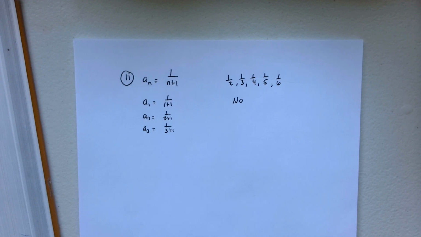So kind of playing off of what we did last week, they're going to give you an explicit formula. They want you to write down the sequence and then say yes or no whether it is arithmetic or not. Now, if you look at 17 through 26, it says find a formula for the nth term of the arithmetic sequence.